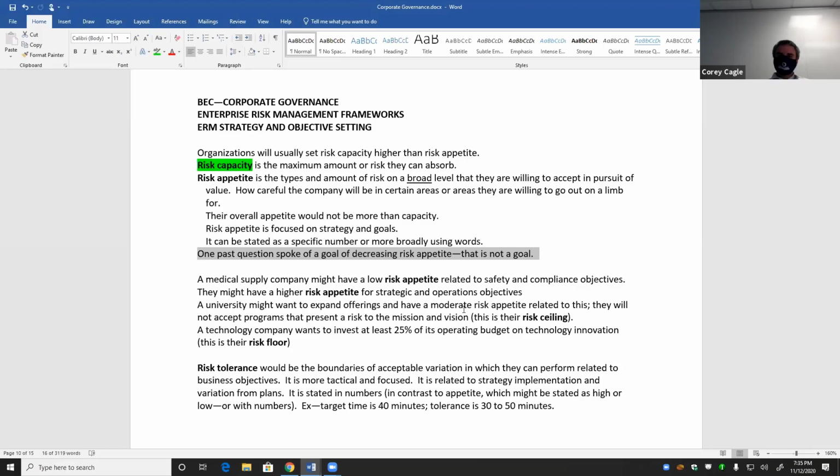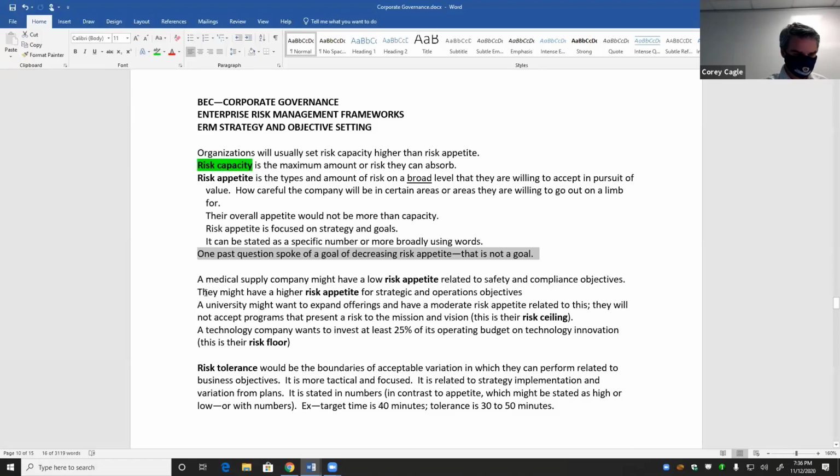It'd probably be a range, like my appetite's 6 to 12 hours or something. But my capacity might be 15 hours, but after 15, I'm going to be dead on my feet and can't work. But yeah, it is a little fuzzy.